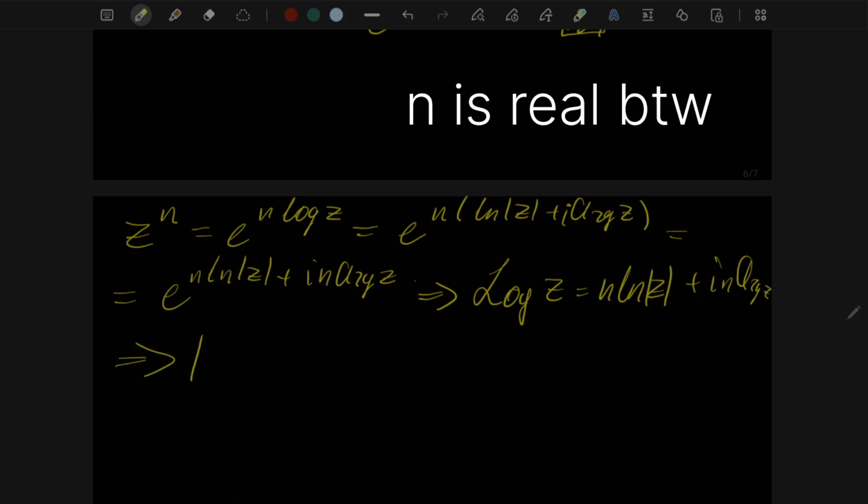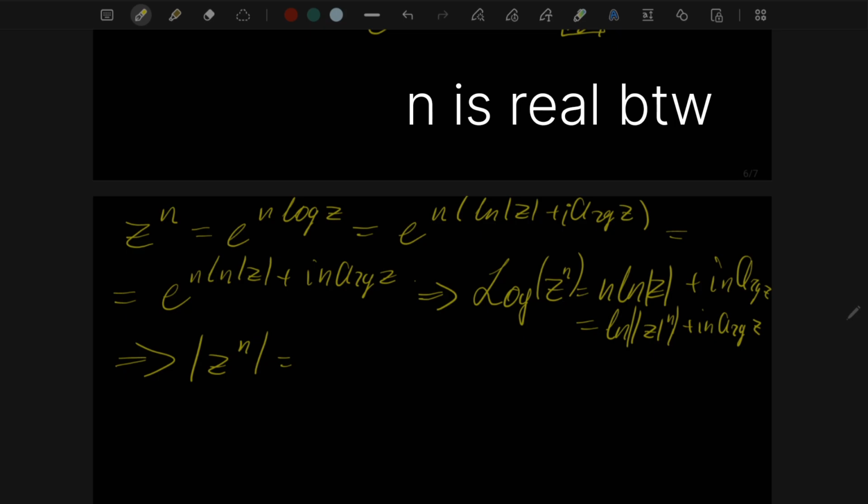Hence, the absolute value of z to the power of n, of course, we can rewrite as the natural logarithm of the absolute value of z to the n, and let's take another absolute value because we can, plus i n arg z.